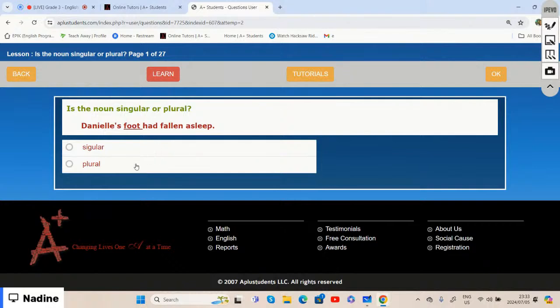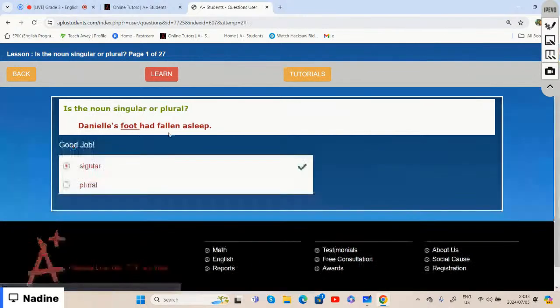Yes, it is singular, which is option one, because we're referring to one foot. So well done.